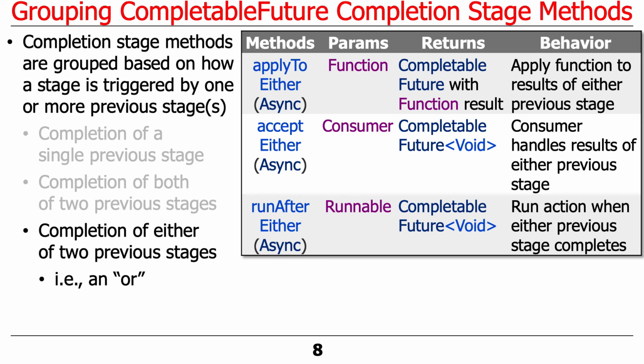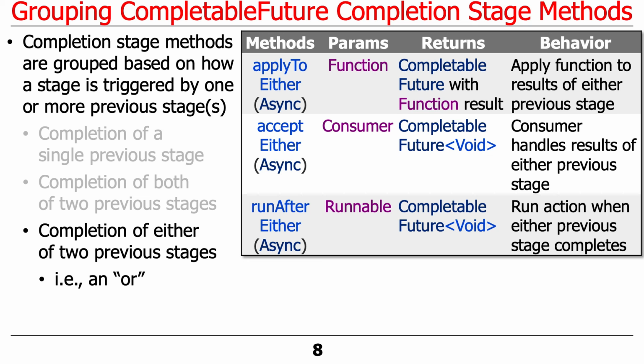And we'll talk about some interesting subtleties there that are sometimes surprising when you first encounter them, like the fact that when one of them completes and the action is run, the other completable future is not canceled. It keeps running, and its results are simply ignored, which is maybe a little bit non-intuitive, but it makes sense if you think more broadly about how completable futures are typically used.